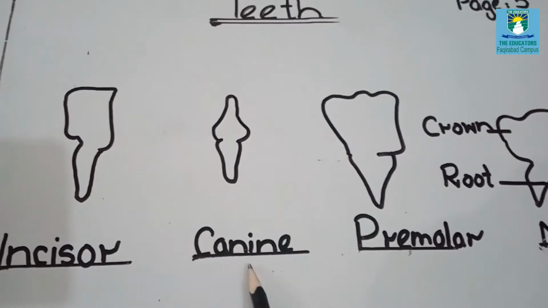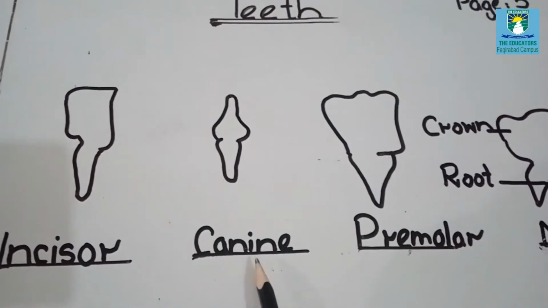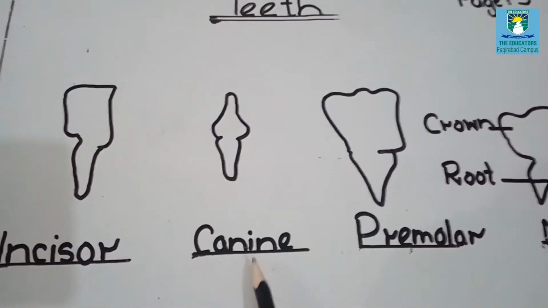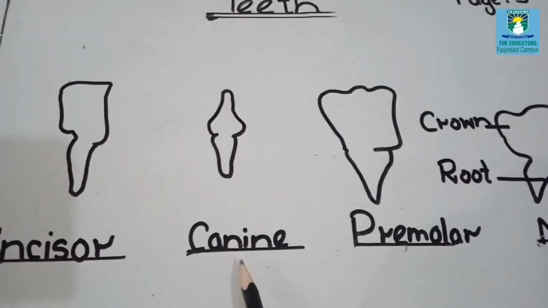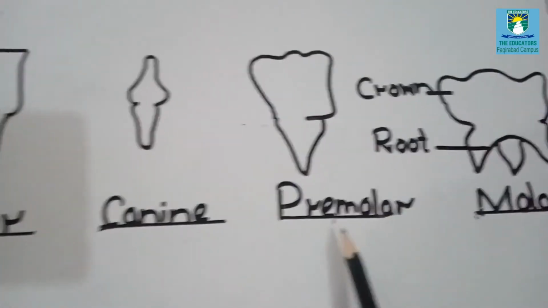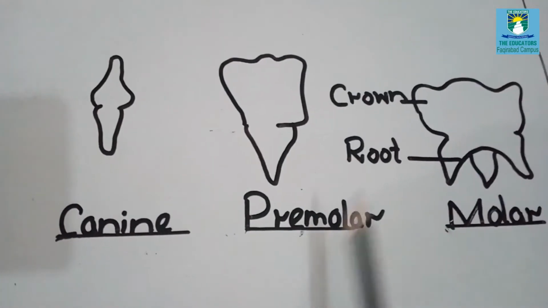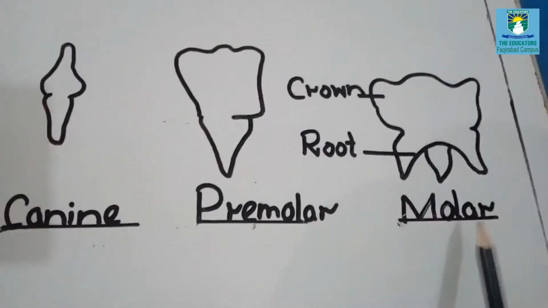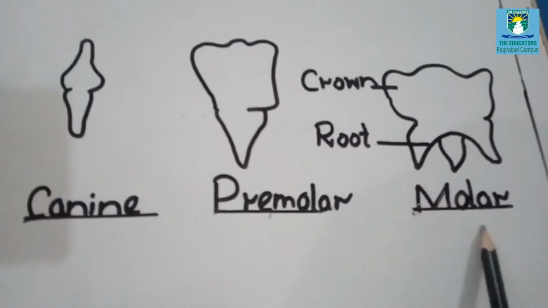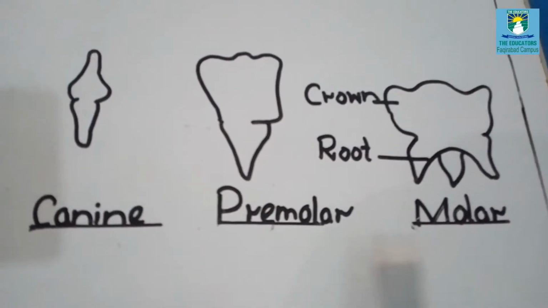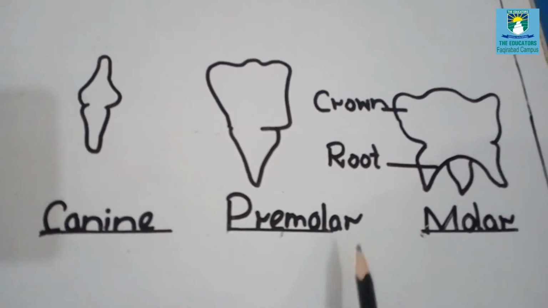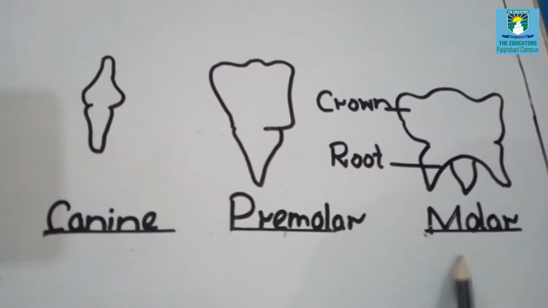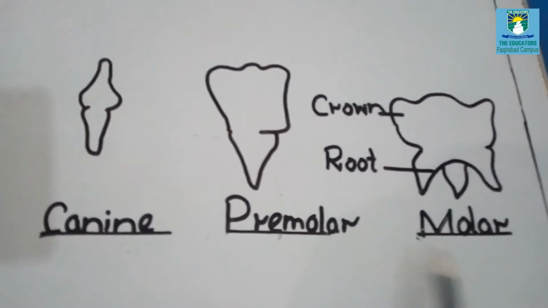They use them for catching prey, or to tear flesh and meat. The third type is premolar, and the fourth is molar. These two have flat crowns which move across each other to chew and grind the food into pulp.